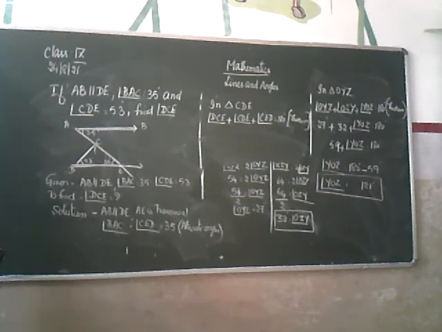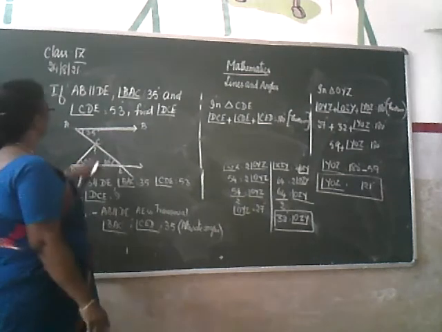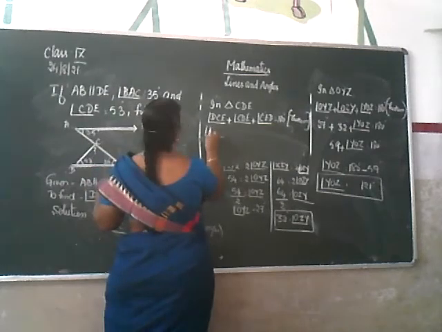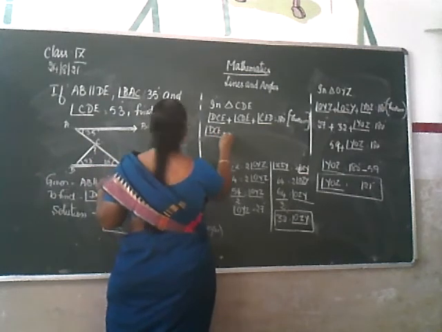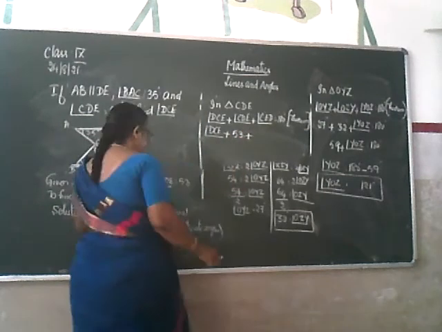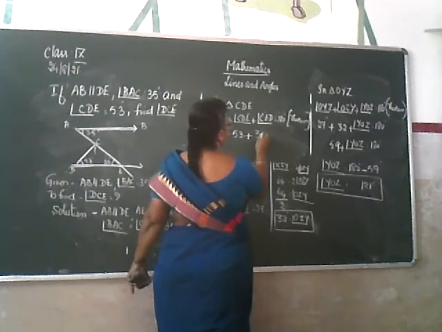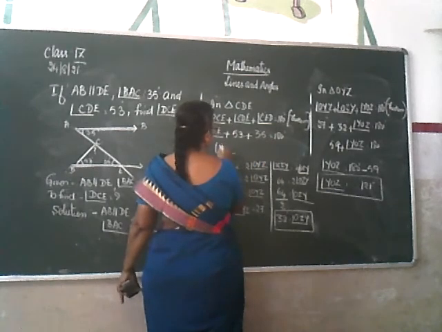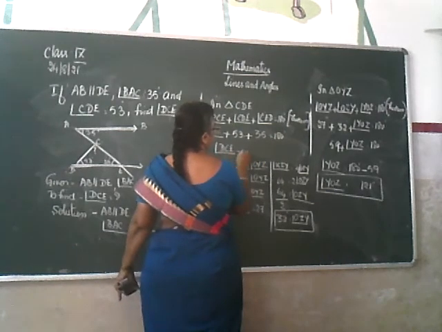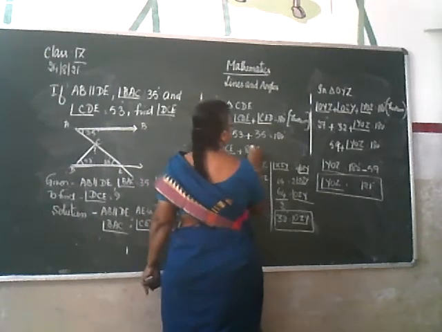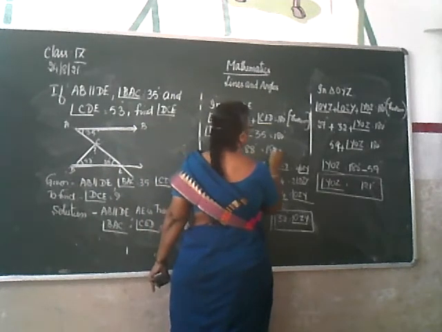Now you substitute. What is CDE? CDE is given as 53. CED we have found out, that is 35. So DCE plus, add this, what you will get? 88.